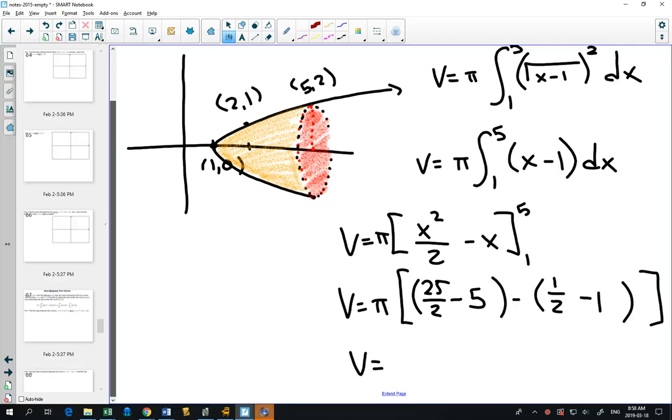Okay? You could change everything to decimals right now. I personally would do the 25 over 2 minus the 1 over 2 right away because you have a common denominator. What does that give me? 24 over 2, which is 12. And then it's going to be 12 minus 5 plus 1.